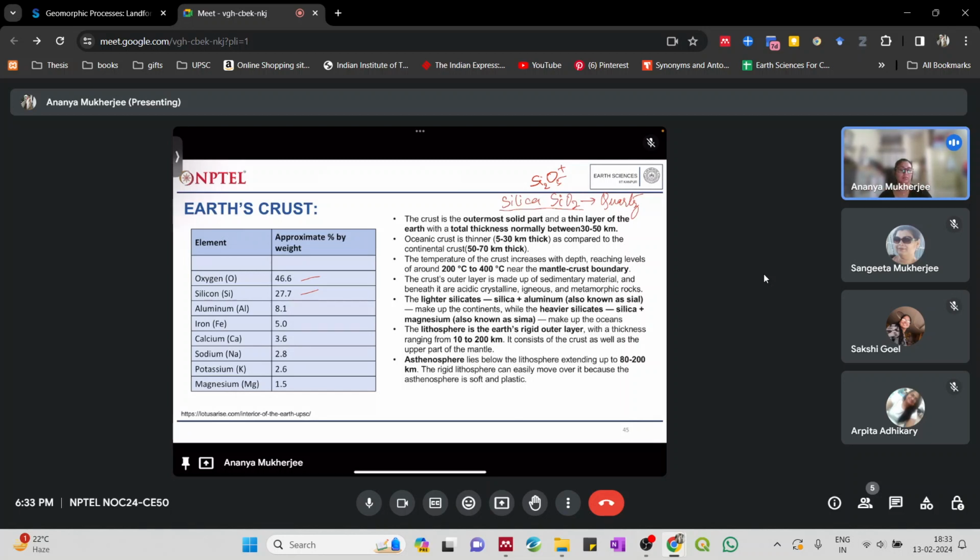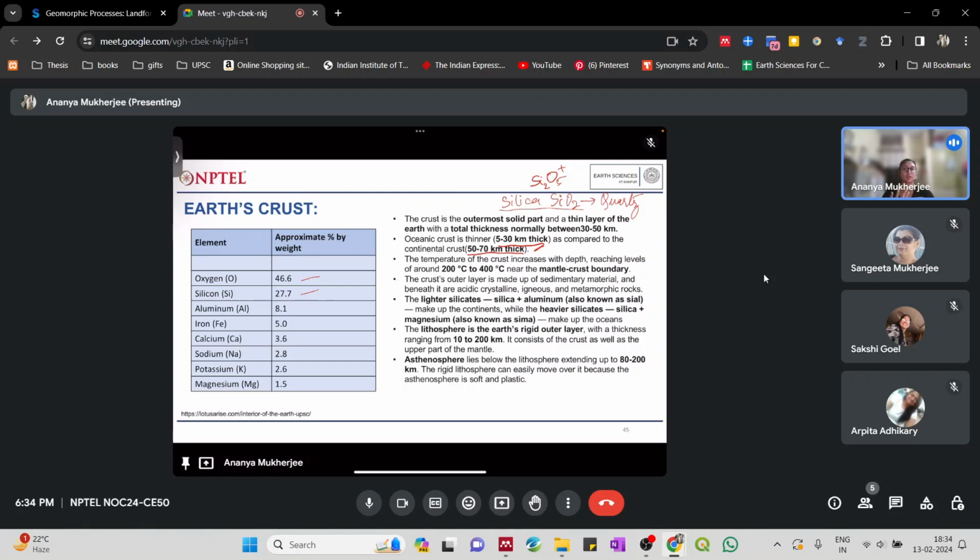Oceanic crust ranges from 5 to 30 kilometers thick in places, and the continental crust can range from 50 to 70 kilometers. So this is one difference that we see, and the factors controlling this difference in thickness are composition as well as the processes.